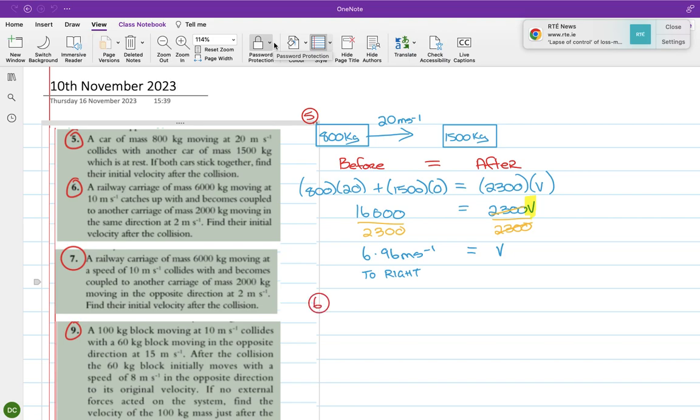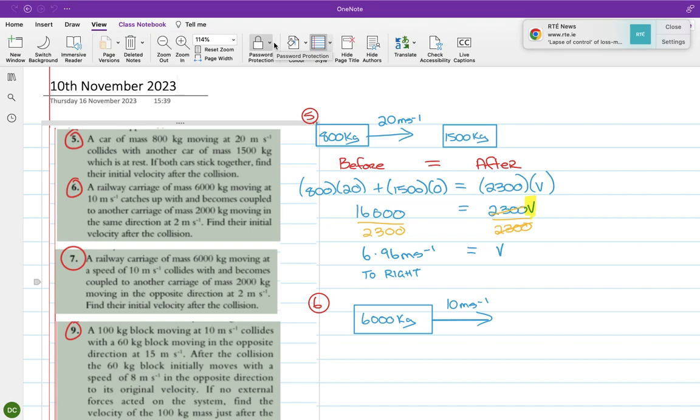Right. Next question: a railway carriage of mass 6,000 kilograms is moving at 10 meters per second.